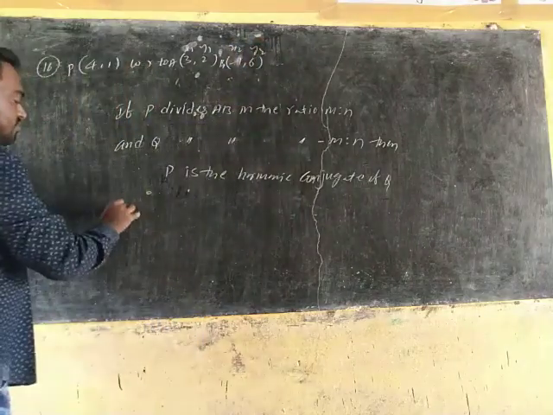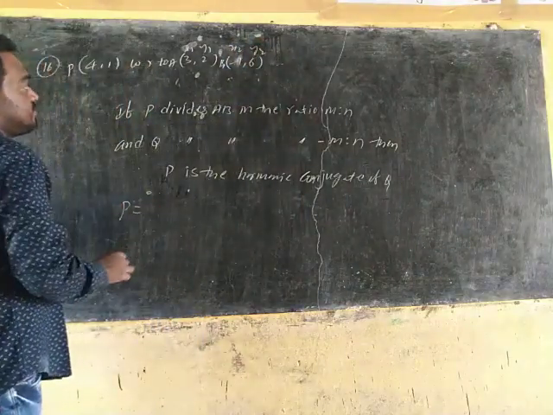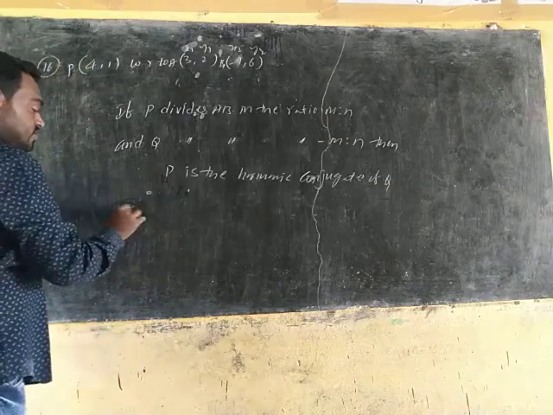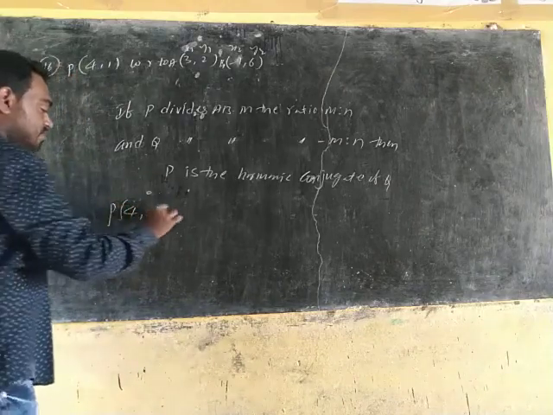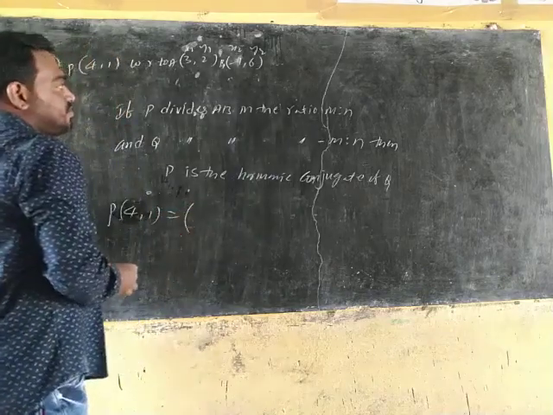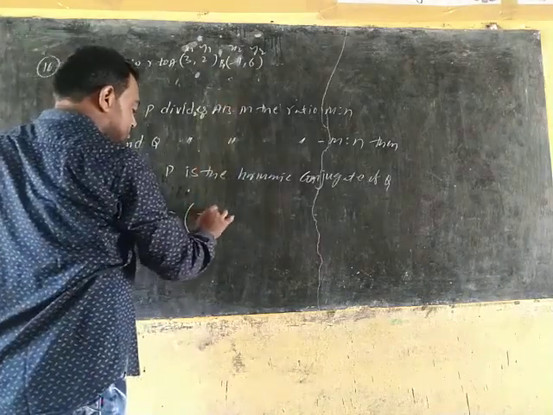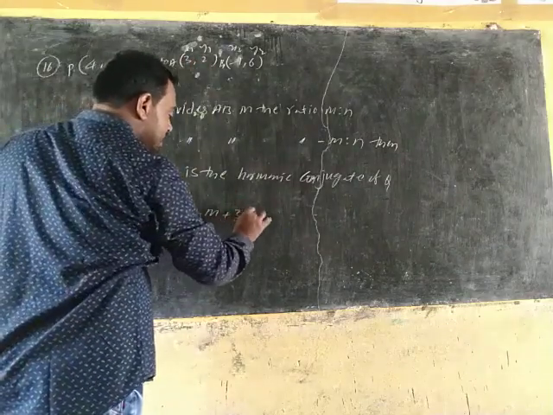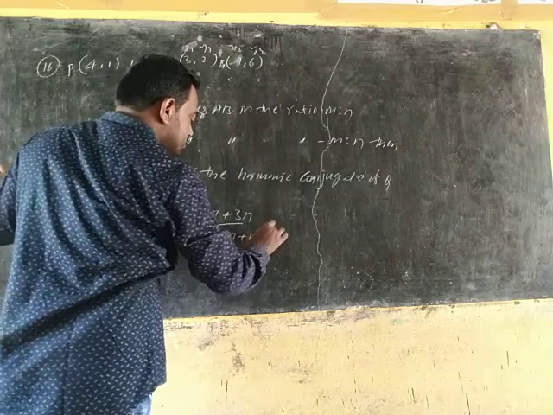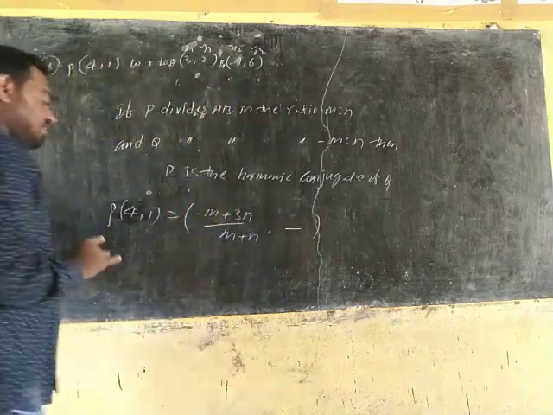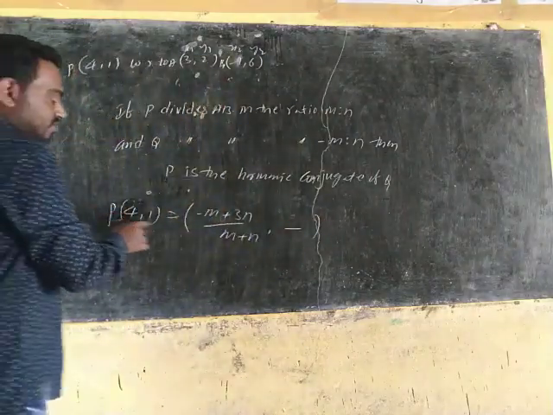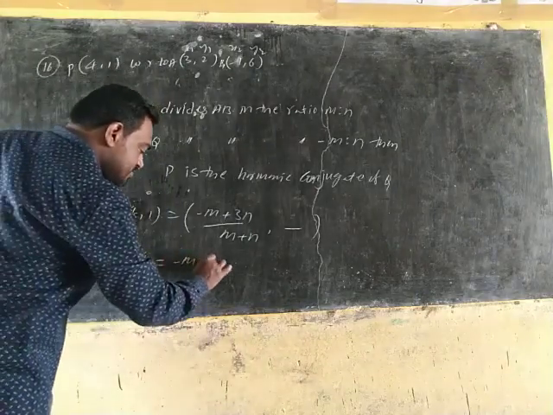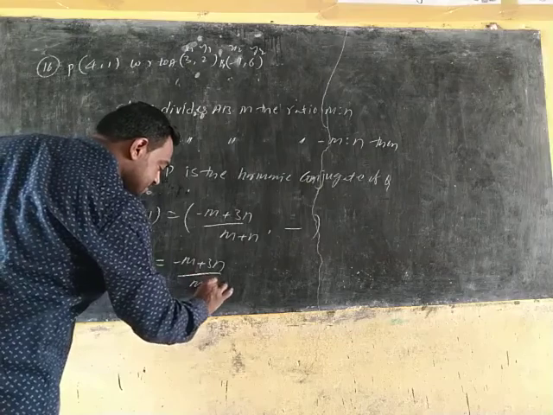So P is equal to the formula (mx2 plus nx1) by (m plus n) comma (my2 plus ny1) by (m plus n). So P (4, 1) is equal to m into minus 1, that is minus m, plus n into 3, that is 3n, by m plus n. Now equate the x coordinates: 4 is equal to (minus m plus 3n) by (m plus n).